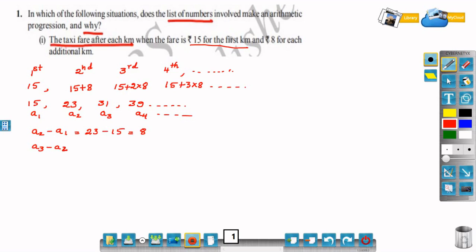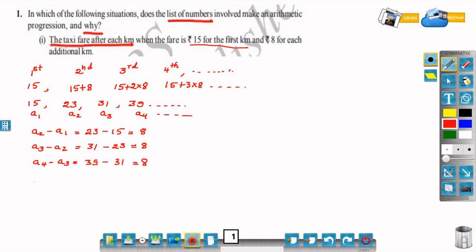A3 minus A2: 31 minus 23 is equal to 8. Then for the next common difference, A4 minus A3, that is 39 minus 31, is equal to 8.